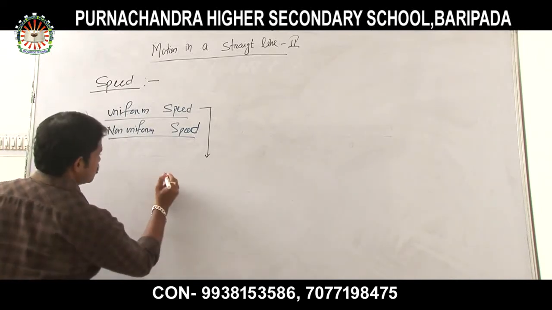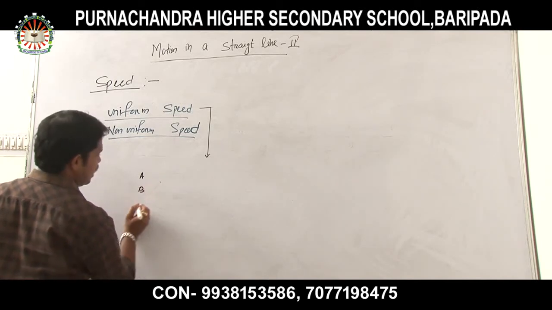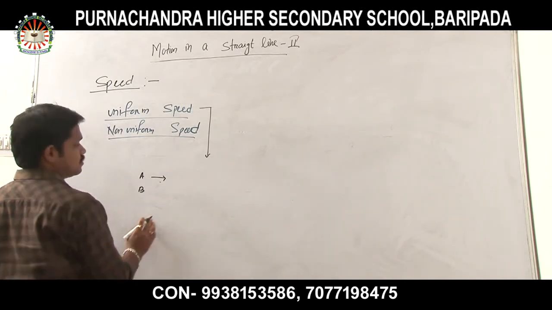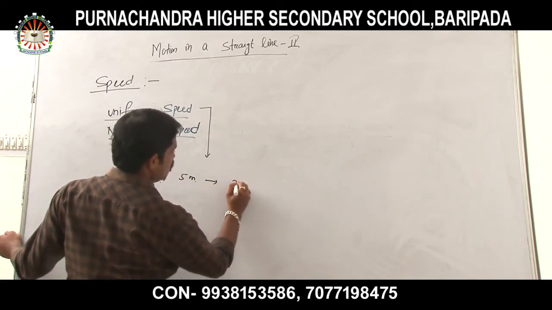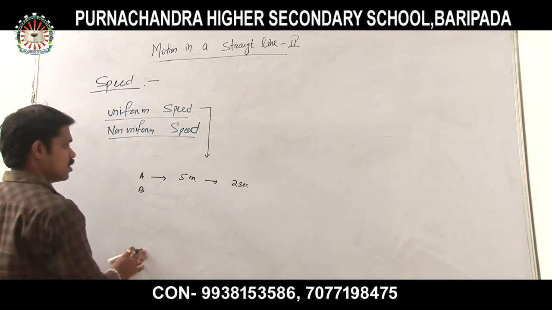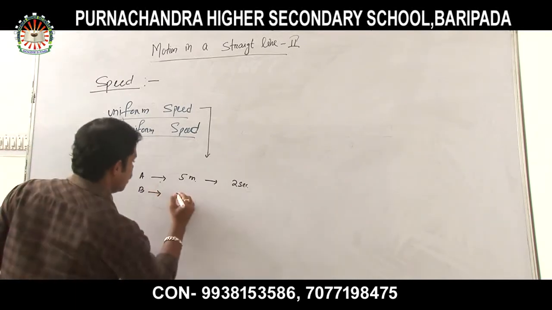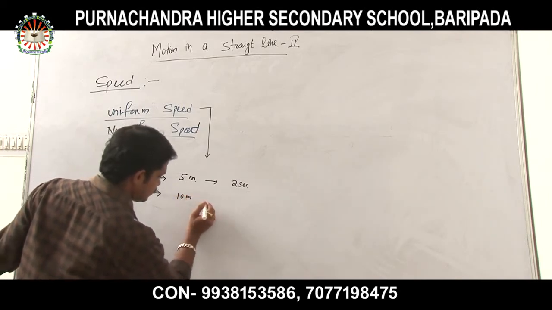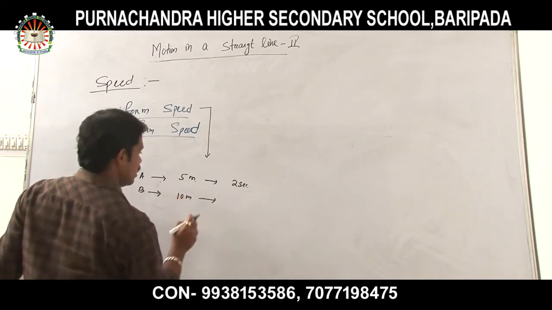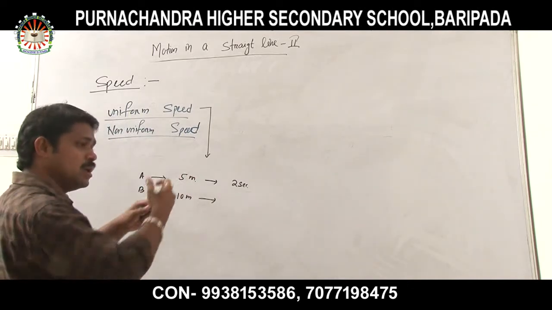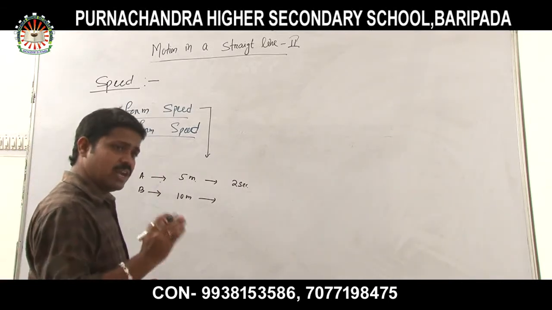Or suppose object A travels 5 meters in 2 seconds, and object B, look very carefully, covers 10 meters. So it will cover equal distance in equal interval of time.